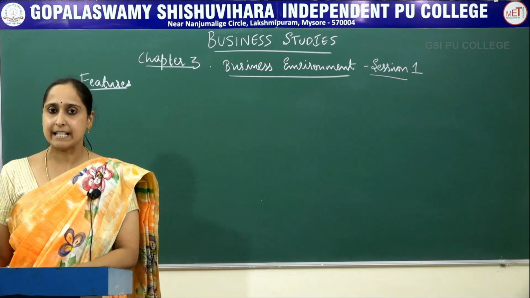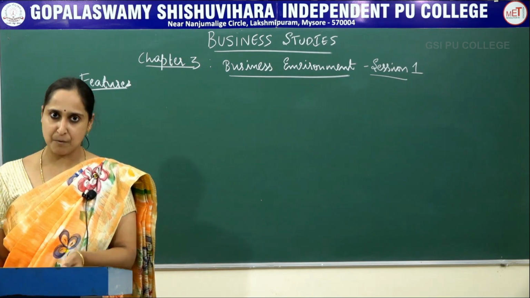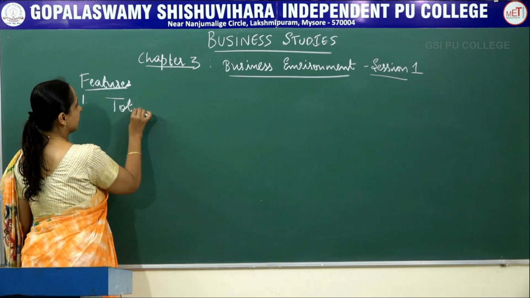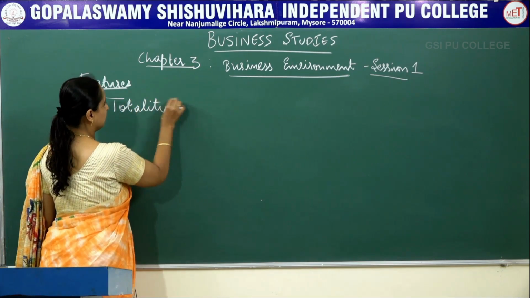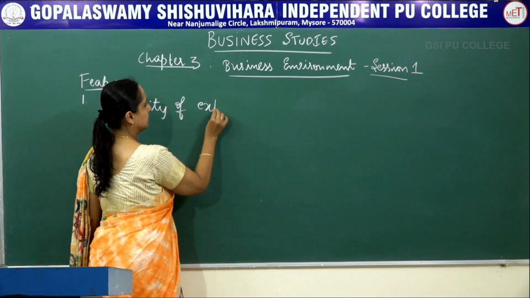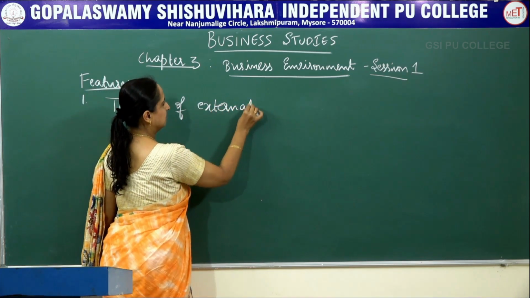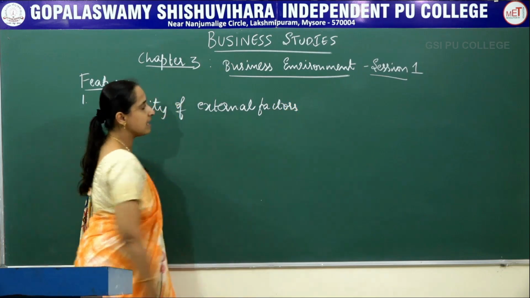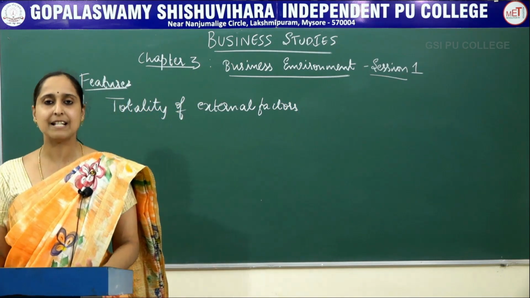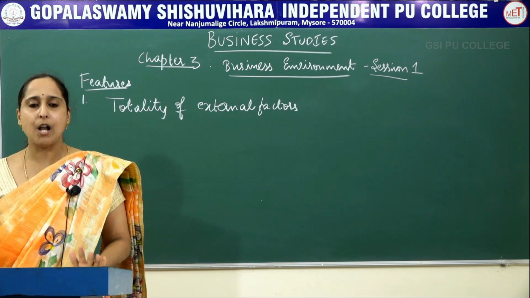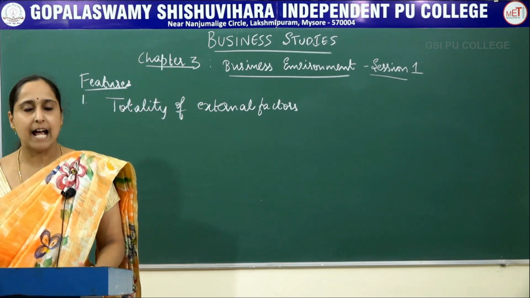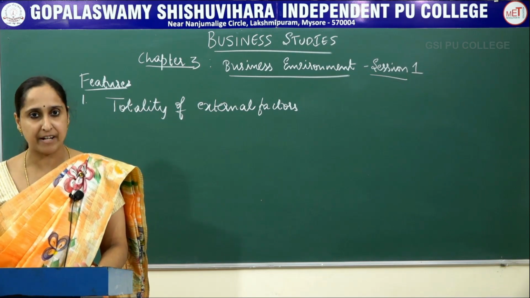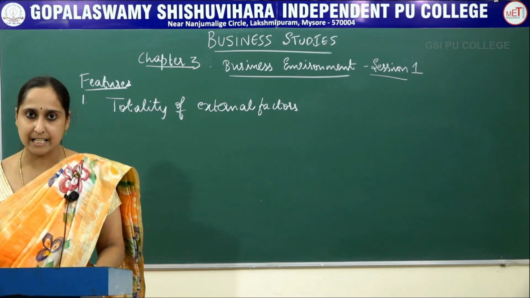So now let us see the features of business environment. First one is totality of external factors. See, external factors means business environment includes all forces, institutions and factors which directly and immediately affects the business operating situation.